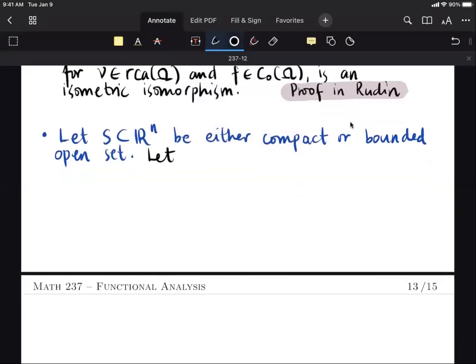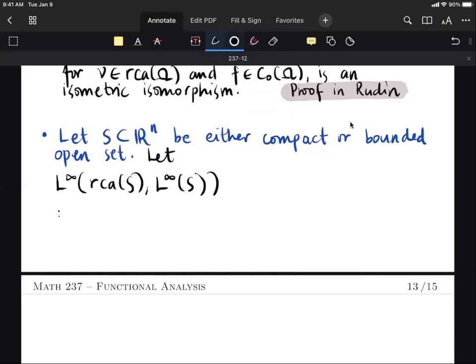Now we define the following space. L infinity RCA S with values in L infinity S. Here the Borel sigma algebra is the Borel sigma algebra in S, and we take the Lebesgue measure.